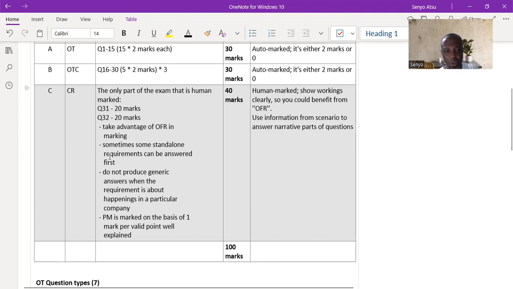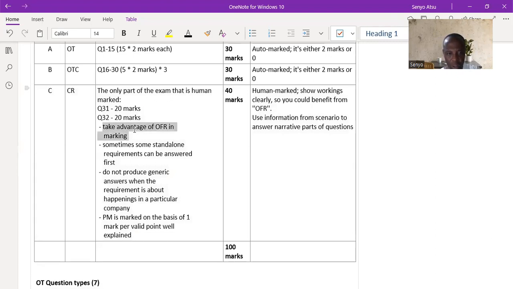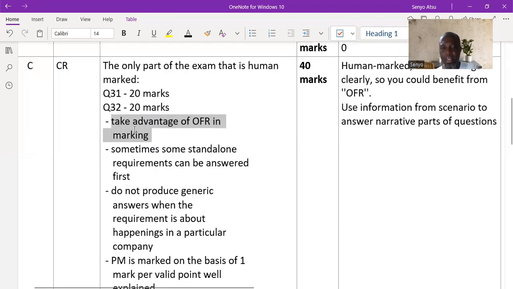When you have calculations to do, and then the next requirement says use the calculations to say something or to do something, please take advantage of the own figure rule in marking. Own figure rule is a rule in marking ACCA scripts that says that Mr. Marker, Madam Marker, the candidate got the variance calculation incorrect.